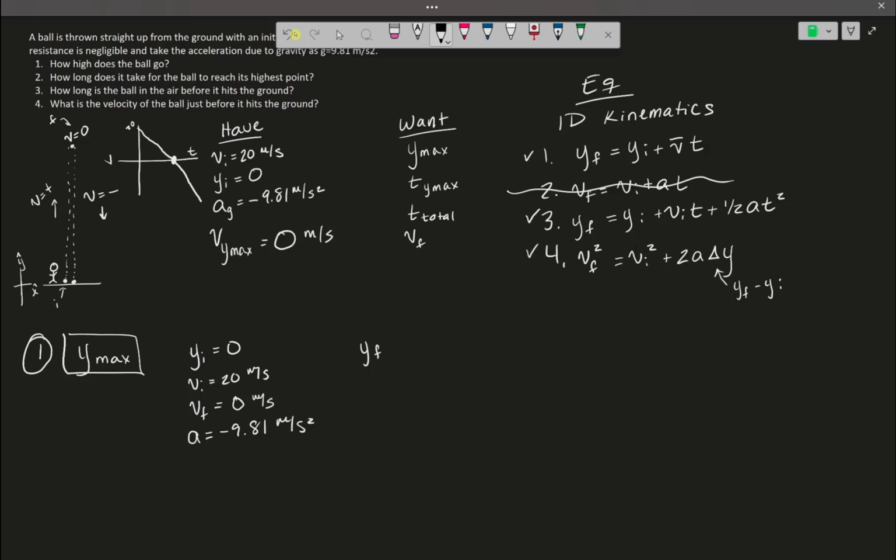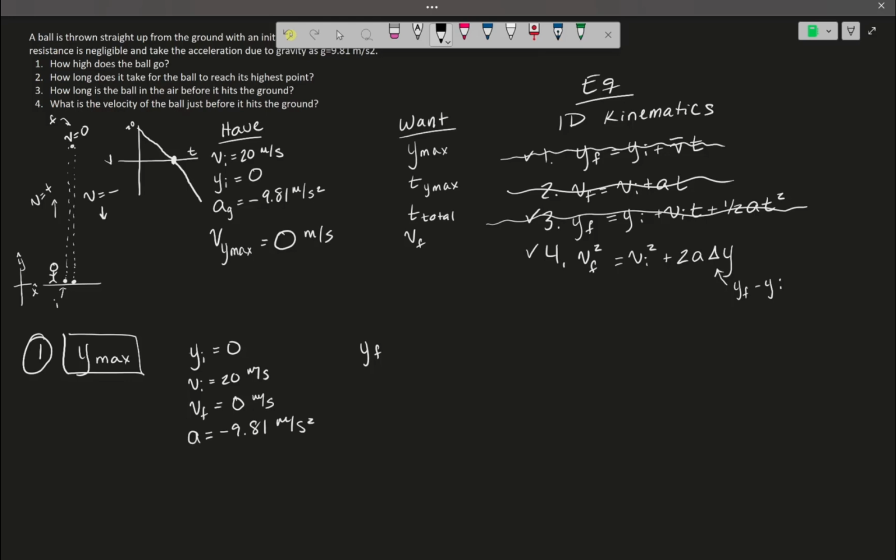The next thing I want to do, right, so I narrowed it down, I got rid of one of them. The next thing I want to do is figure out which equations require a variable that I don't have. So for example, I have no information about time, meaning that I don't want to use this one, and I don't want to use equation 3.